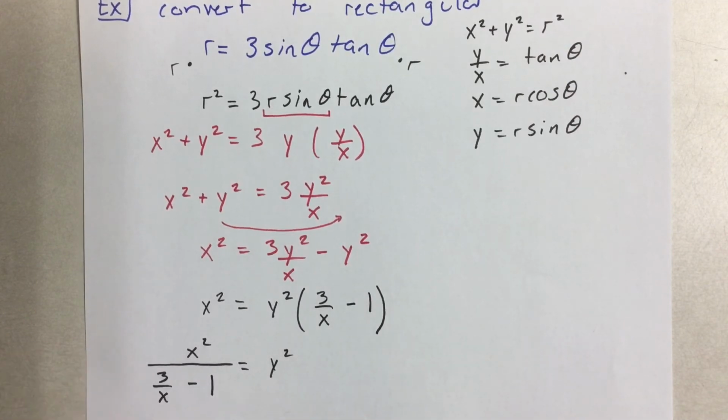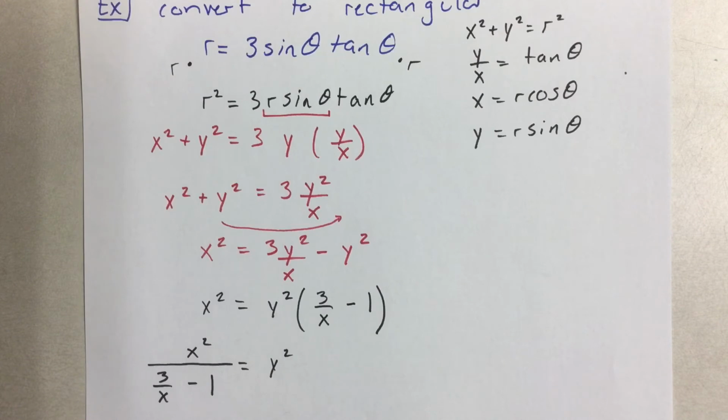Now there are a couple of things we can do, because we're not quite done yet. We don't like the idea of having a fraction within a fraction. You could get a common denominator and then multiply by the reciprocal, and that will work.